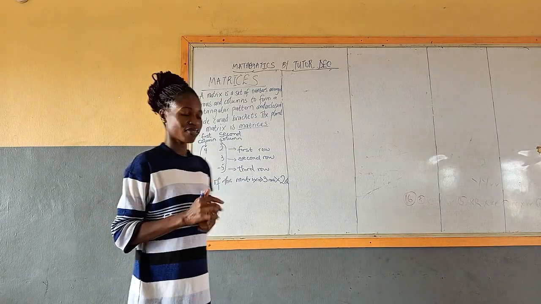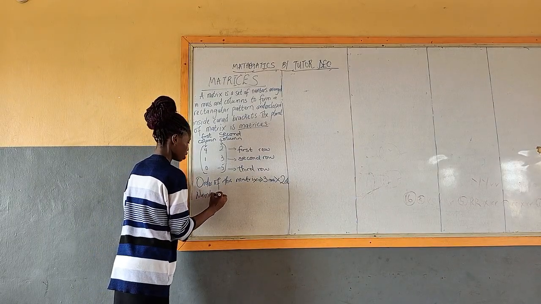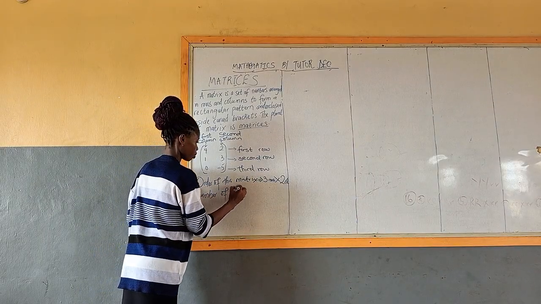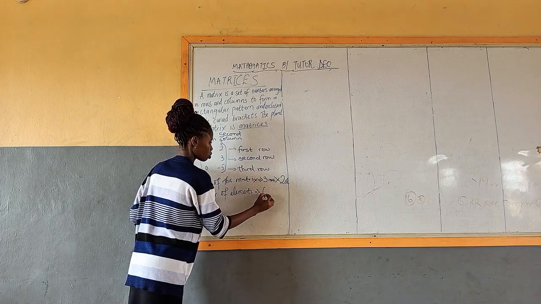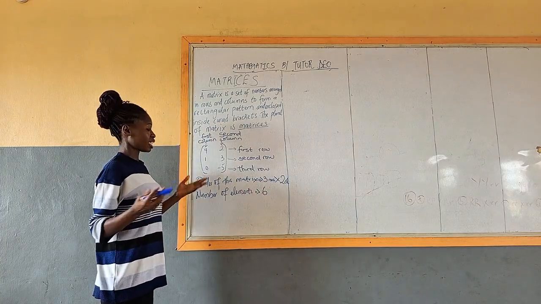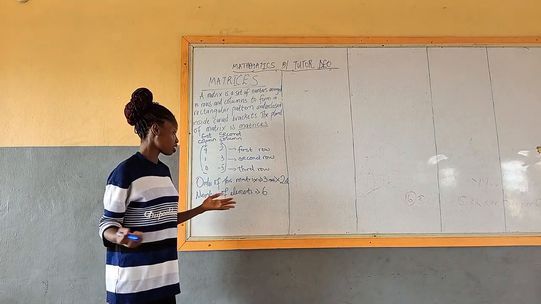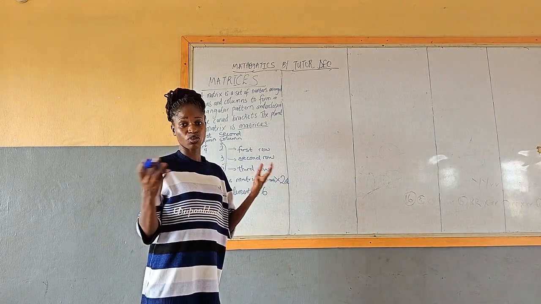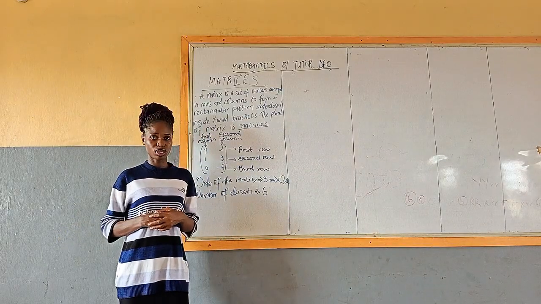That is the number of elements. So the number of elements in this matrix is equal to 6, which can easily be gotten by counting or even saying 3 times 2, which is what? 6. And that is how you get the number of elements.